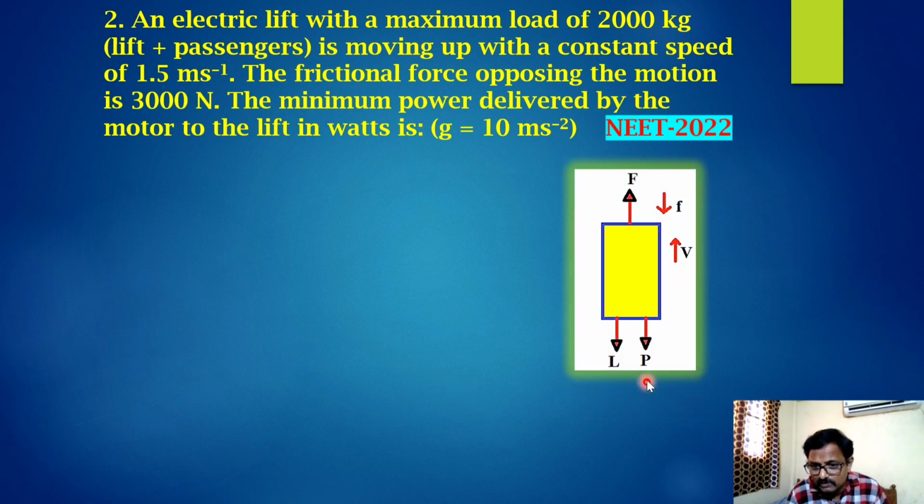Here the lift is moving up with a constant speed v, that is 1.5 meter second power minus 1. The frictional force opposing the motion is 3000 Newton.